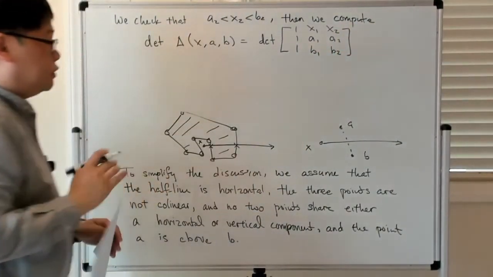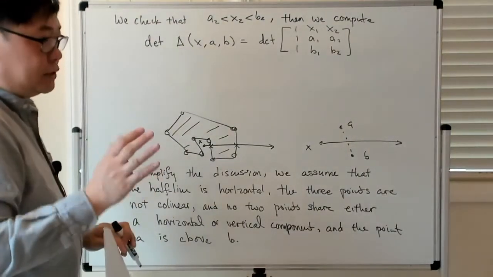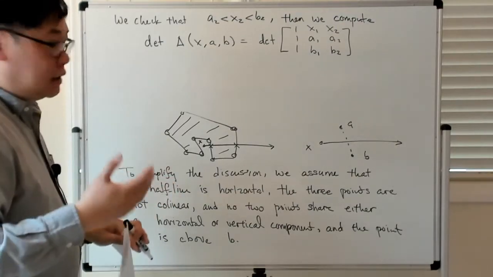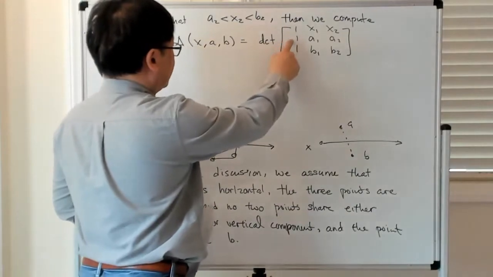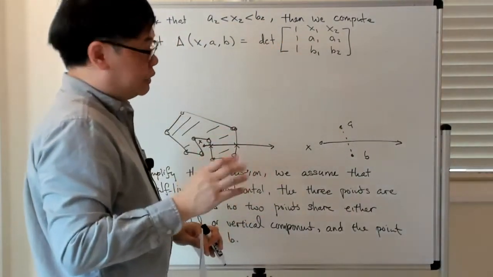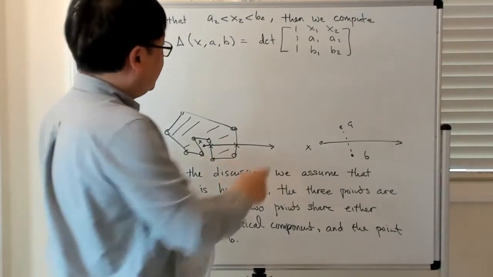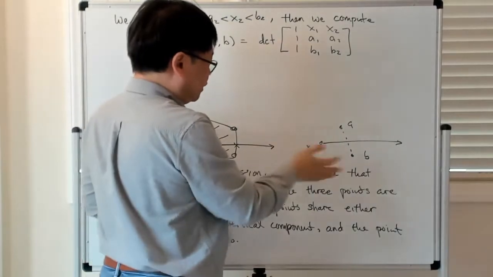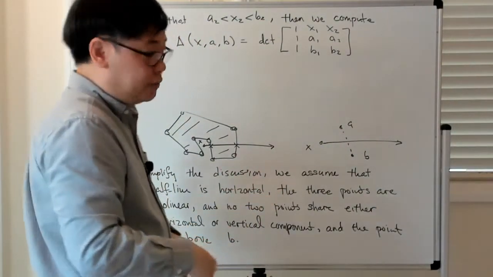You probably know that, amongst other things, the determinant tells you something about the handedness, or the orientation, of the parallelepiped generated by 3 vectors. So that tells you whether there's a left or right-handedness to this.